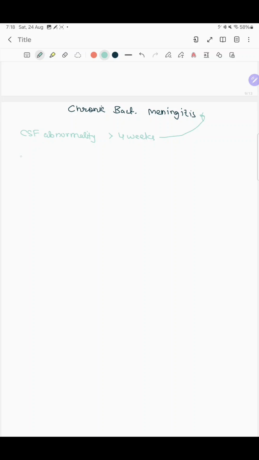So what can lead to chronic bacterial meningitis? These include partially treated acute meningitis.